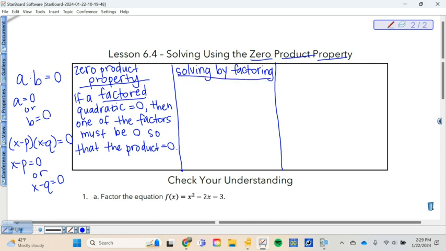So the first step is to rewrite the equation so that it equals 0, right? We don't want it to equal 35. We want it to equal 0. We need to make sure that one side of the equation just says 0.